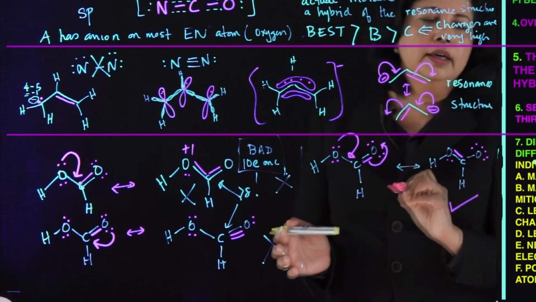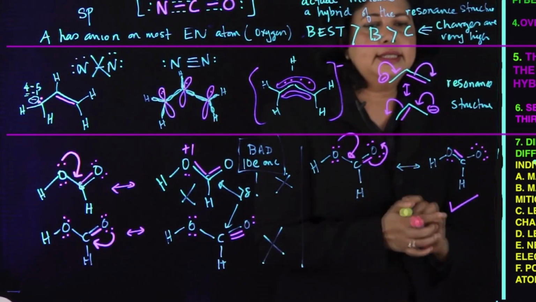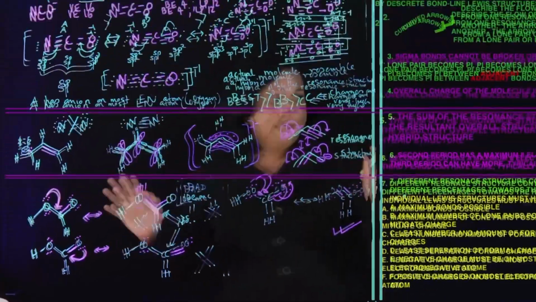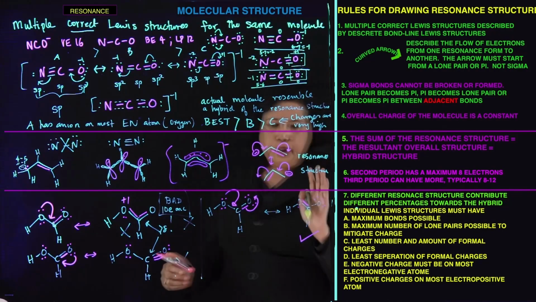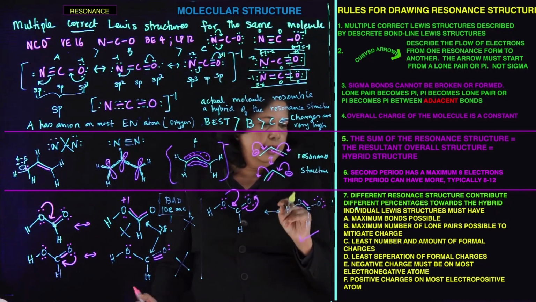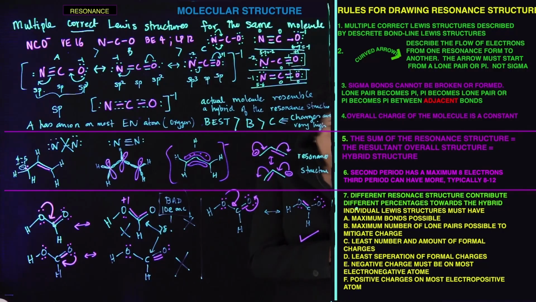So this is fine. Next thing, which is the best? Different resonance structures contribute differently. Which is the best one? Neutral structures are the best in organic molecules. Neutral structures are the best because they'll have minimal charge, basically 0 charge.